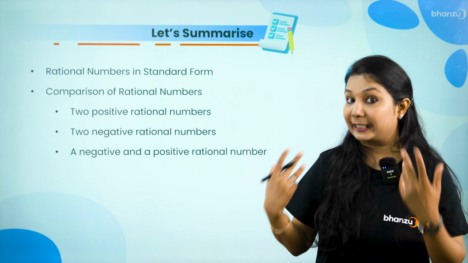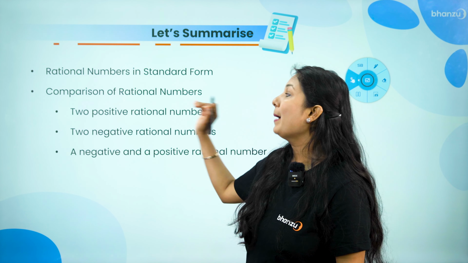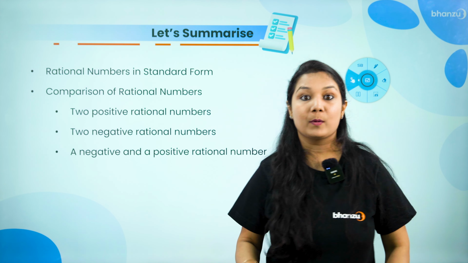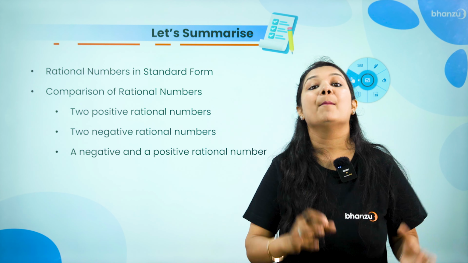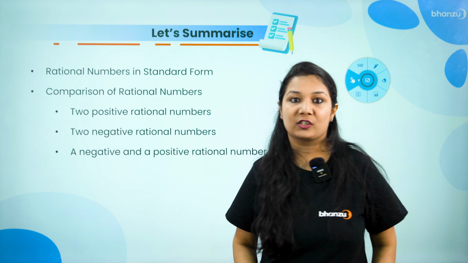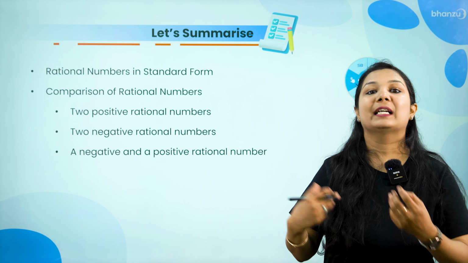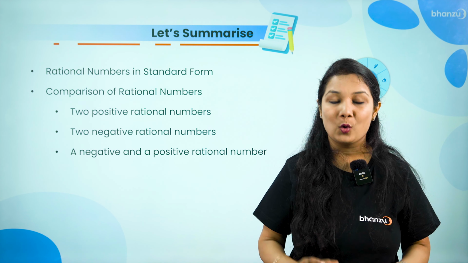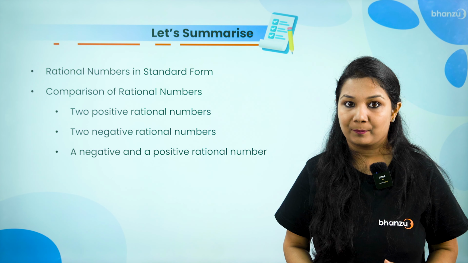Then we talked about the second subconcept, which was comparison of rational numbers. The first one was two positive rational numbers, which goes like comparing fractions only. Then we have two negative rational numbers, where we compare them using the number line also. But the important thing is the denominator should always be the same before you compare them. Right?